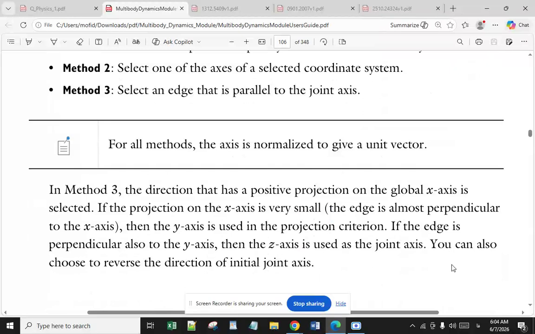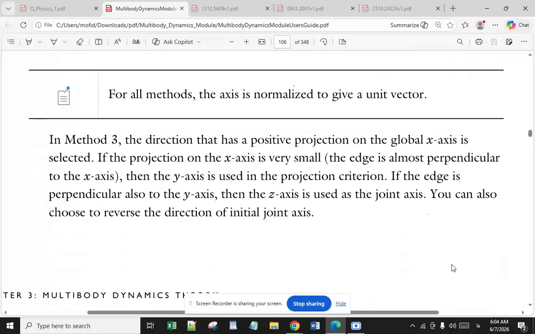In method 3, the direction that has a positive projection on the global x-axis is selected. If the projection on the x-axis is very small, the edge is almost perpendicular to the x-axis, then the y-axis is used in the projection criterion. If the edge is perpendicular also to the y-axis, the z-axis is used.